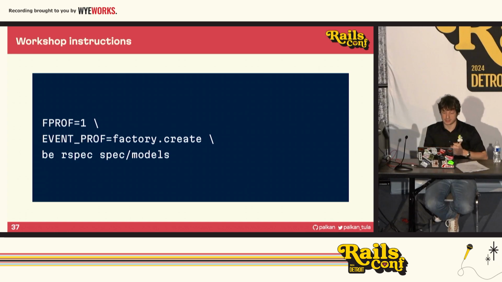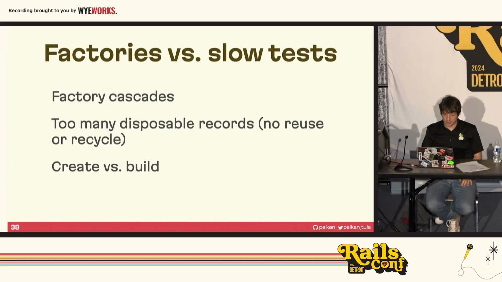You can combine both profilers, EventProf and FactoryProf, you can mix them and try profiling your models. But usually there are several reasons for slow tests due to factories. First one is factory cascades.